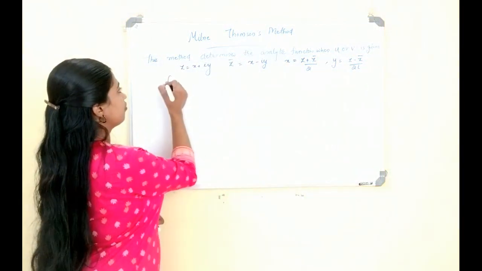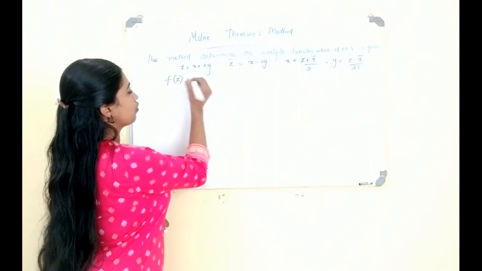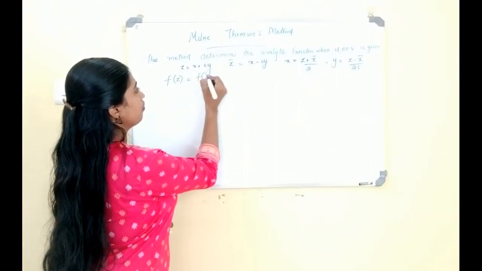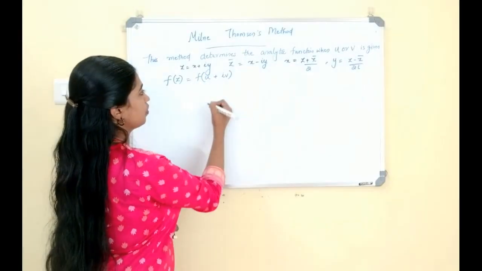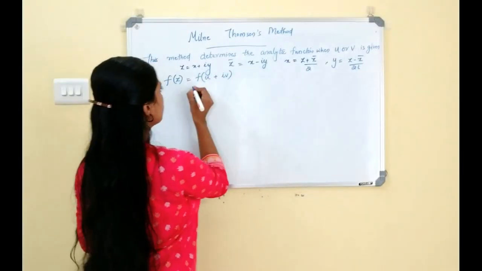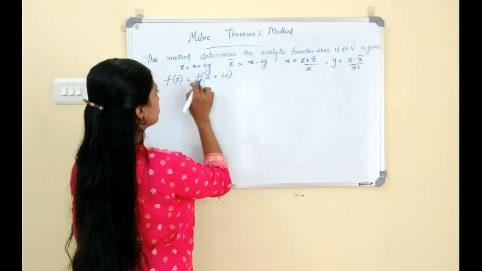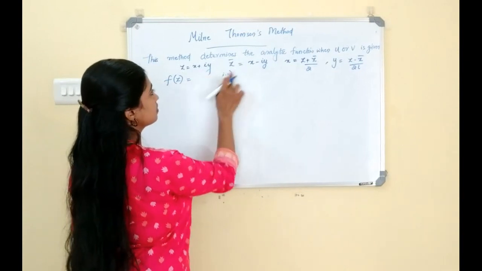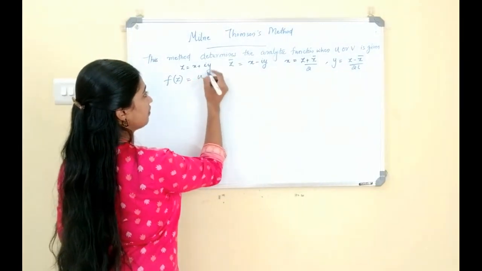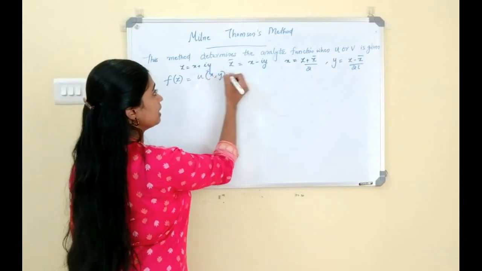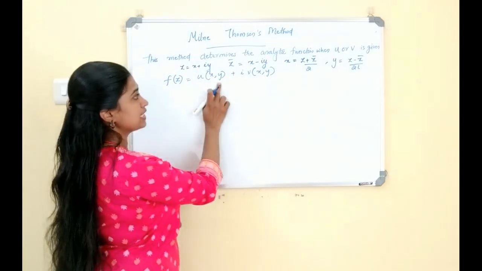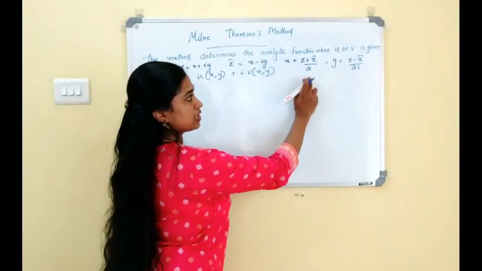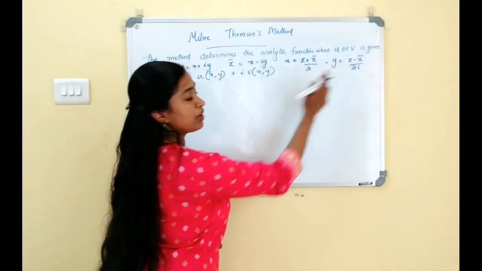Then the function f of z is equal to u plus iv, or u of x, y plus i v of x, y. We can replace x and y by z plus z bar by 2 and z minus z bar by 2i.